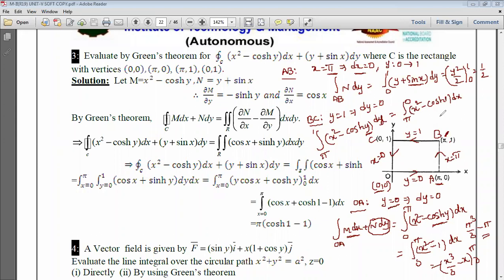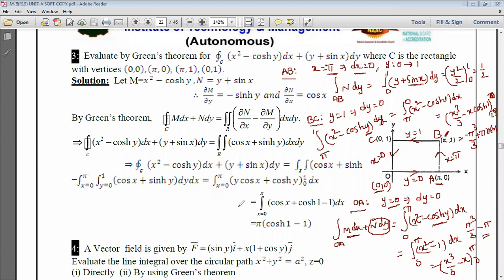So this is equal to, if you apply integration, simply what we get is x cube by 3 minus x cos h1 between the limits pi to 0. If you substitute upper limit, both the terms become 0. And if you substitute lower limit, minus pi cube by 3, and next minus becomes plus pi cos h1. This is the line BC.